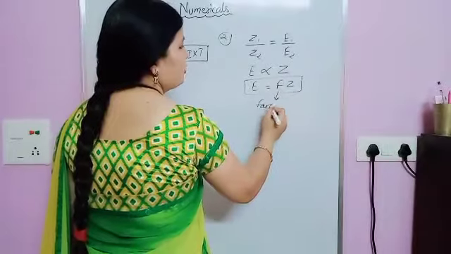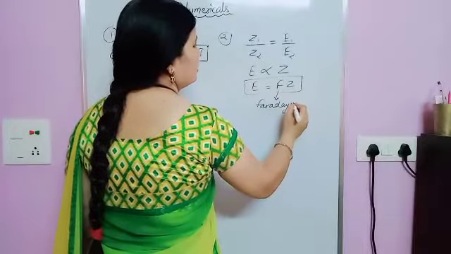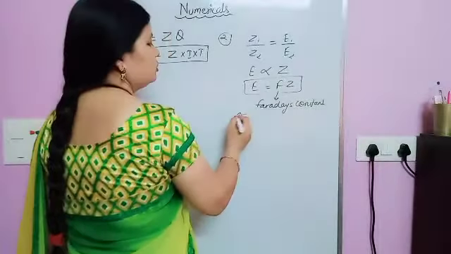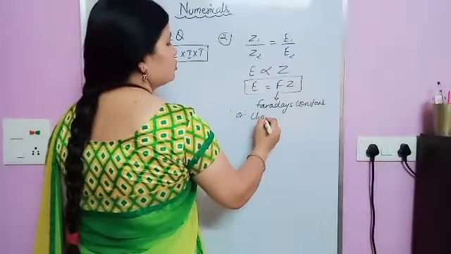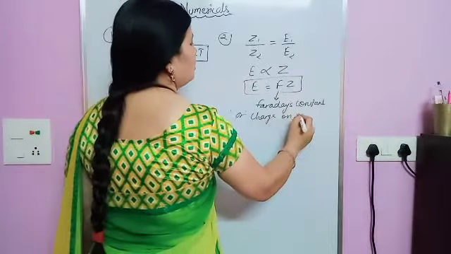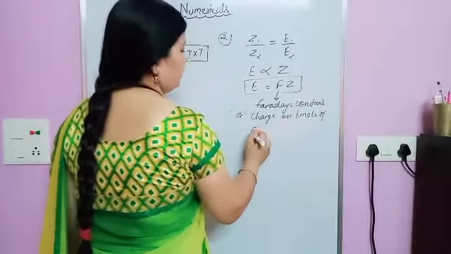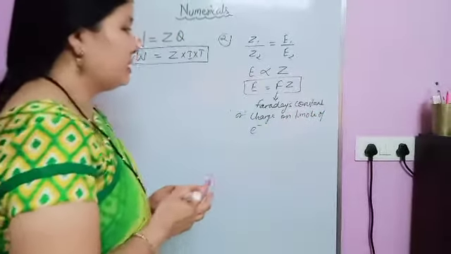This one is Faraday's constant, or you can write, the charge on 1 mole of electron. That is simply Faraday's constant.